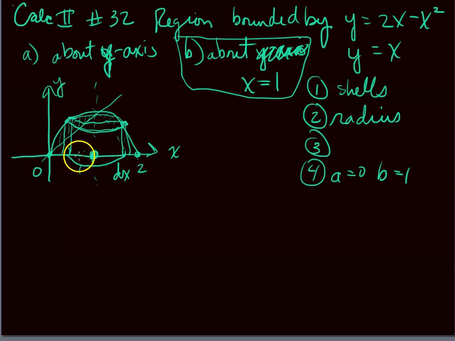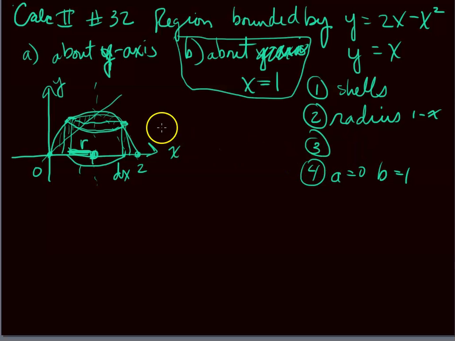Now, you can write that as 1 minus x, because you're going to have this as the radius inside. Does that make sense? So you're going to start at 1 and subtract wherever that x is to get this radius in here. So the radius is 1 minus x.